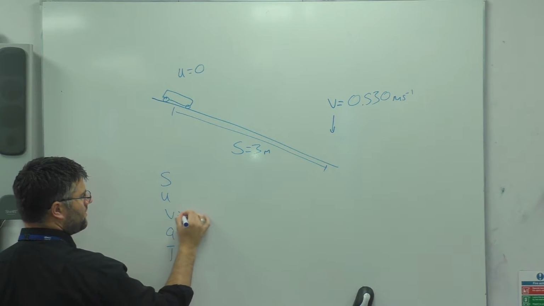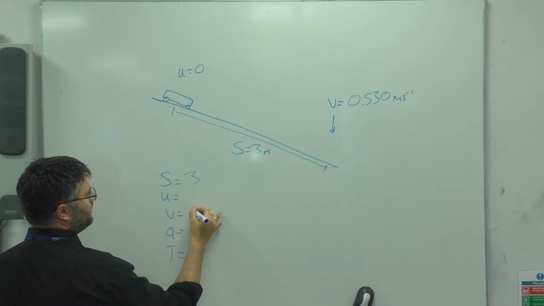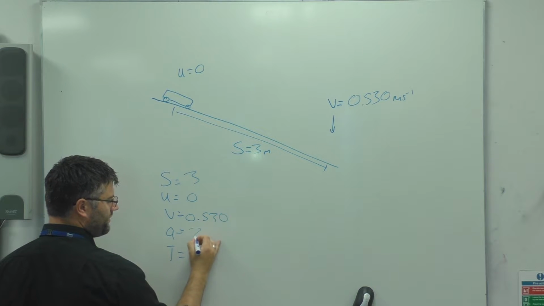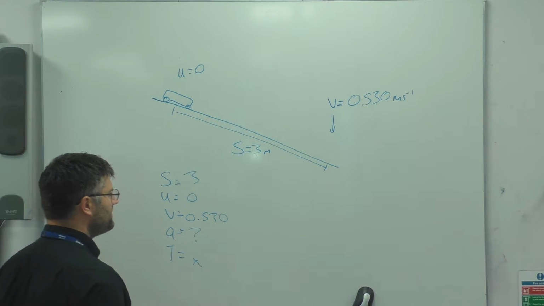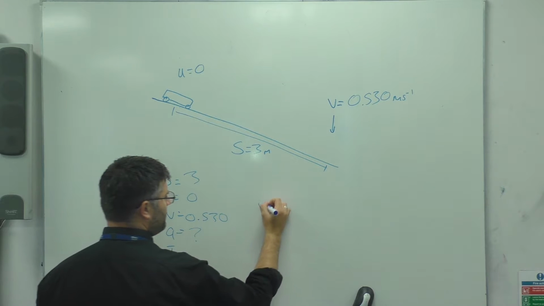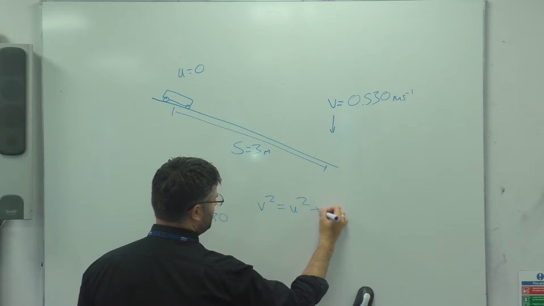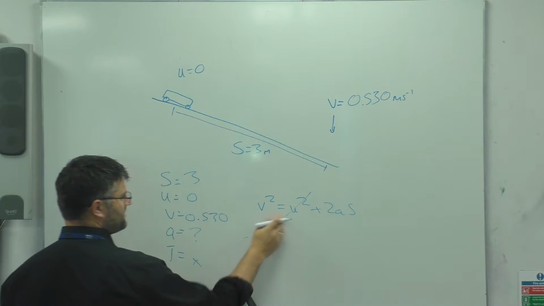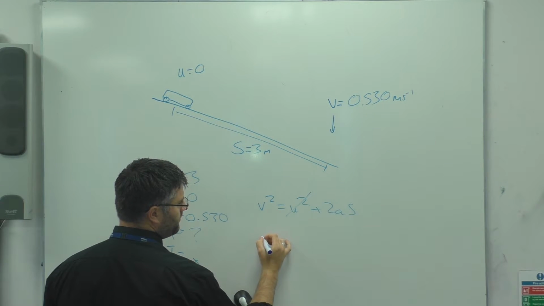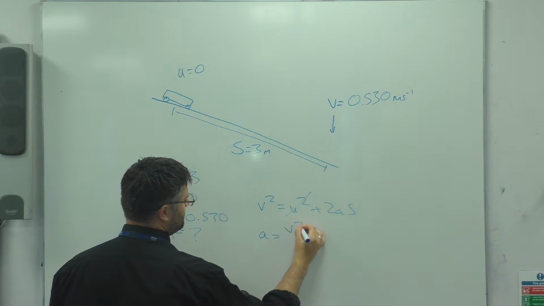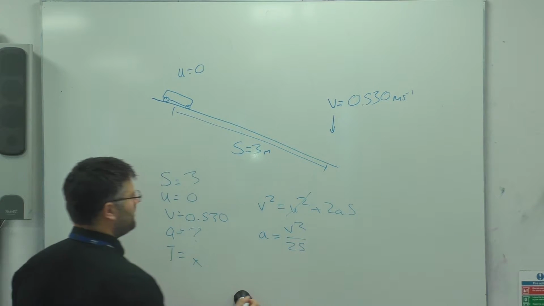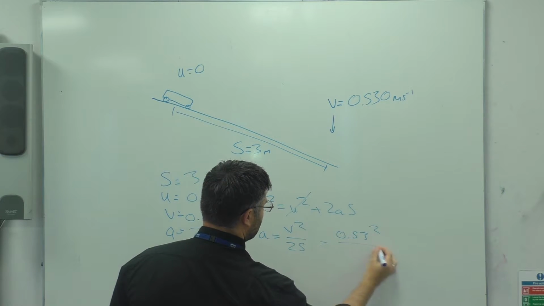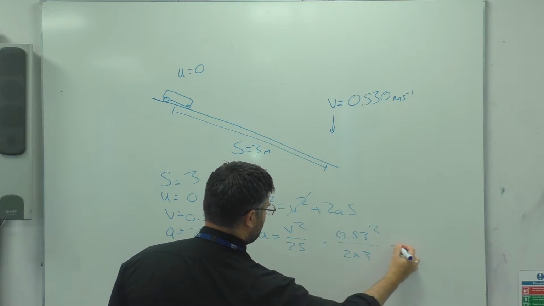Not interested in time, so I'm going to use V squared equals U squared plus 2AS. We can get rid of U squared because it's 0. So we end up with A is equal to V squared over 2S. We can then plumb those numbers in, 0.53 squared over 2 times 3.